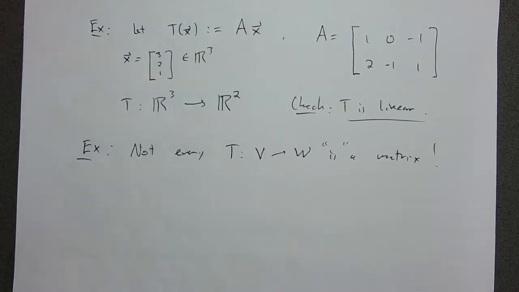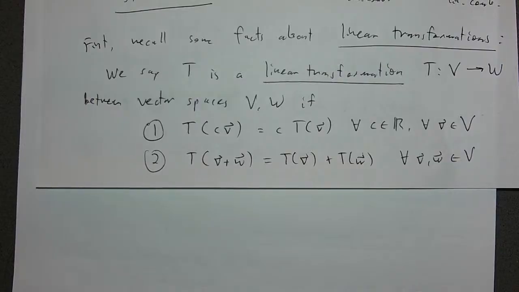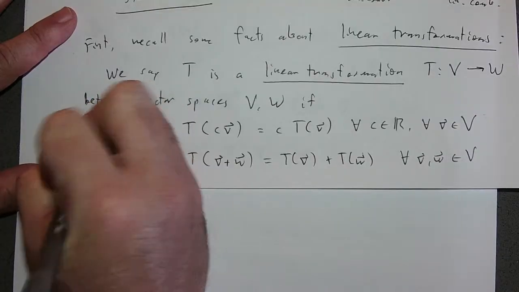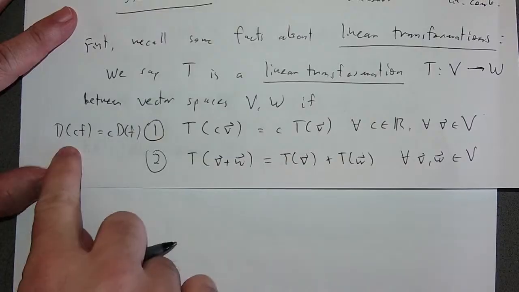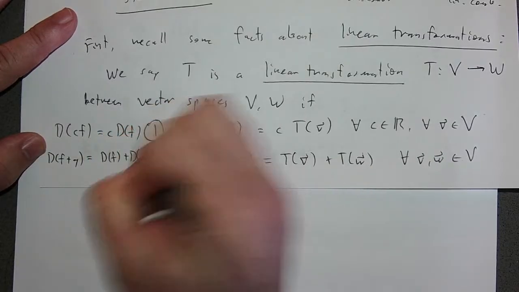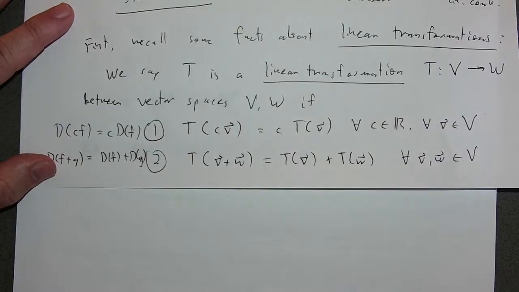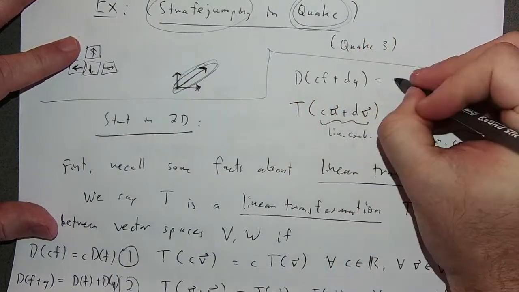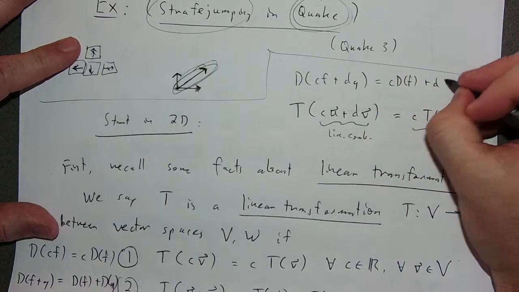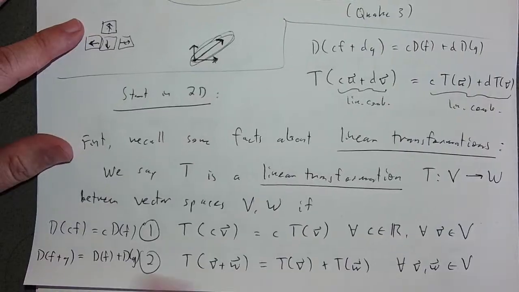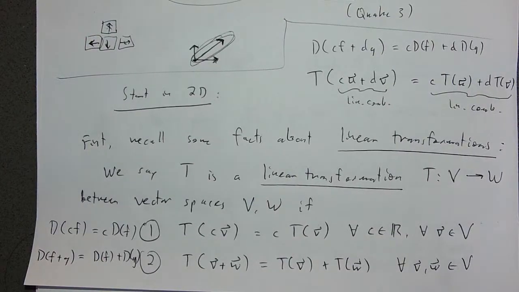So quick examples: if I wrote this on a board with no context, and I didn't say anything else, and let's say I replaced T with D, and I wrote these two properties, which combine into one as we did here, and just asked, what is D?